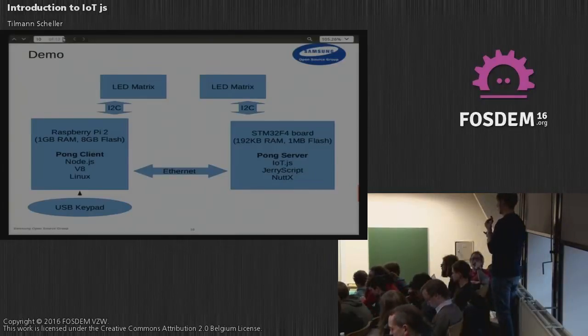Even in this demo, we have a specific module which allows us to access the LED matrices, which are driven by I2C. We are controlling that through GPIO, so we are exposing that already to the JavaScript code. We created a kind of native module for that, and then we just use it from JavaScript. So that works today already.